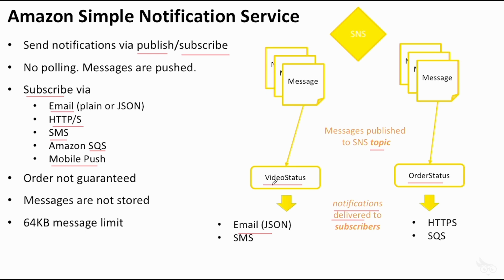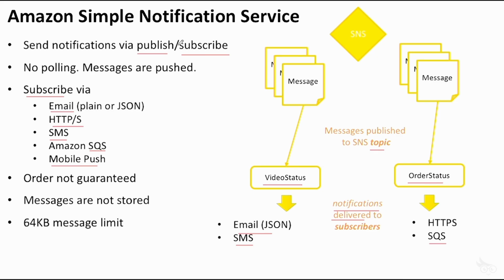So perhaps for our video status topic, we want to subscribe via a JSON email and a text message. And for our order status topic, perhaps we want to subscribe via HTTPS, and we could subscribe a Simple Queue Service queue to that so that we can leverage some other system to pull from that queue, and allow them to buffer up and pull asynchronously.